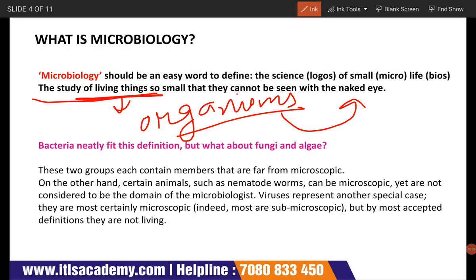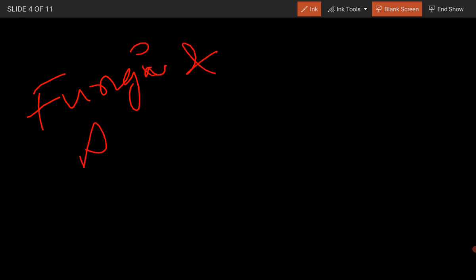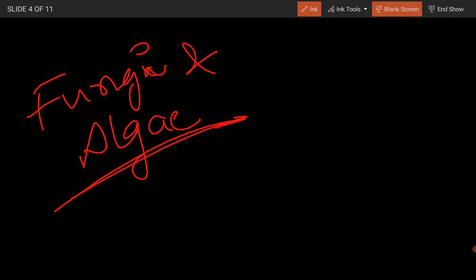To answer this, I'm writing on a blank screen. Bacteria are small, but why are fungi and algae considered microorganisms?